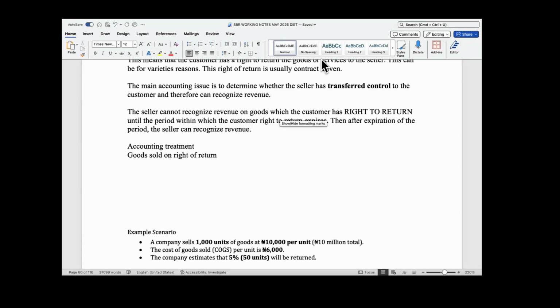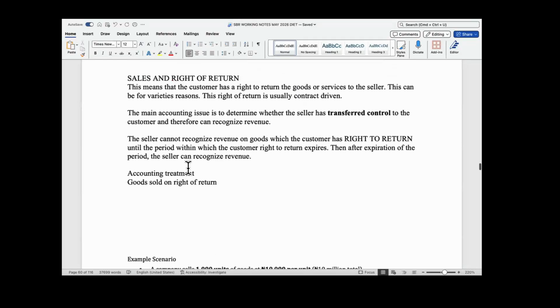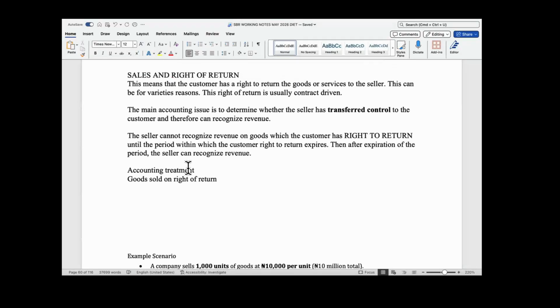Yes, please, Moses. Since you cannot recognize the revenue until the return expiry date is due, if the customer pays at the point of buying the goods, you debit your bank account. That means you cannot credit your revenue immediately. That means you credit your liability account.